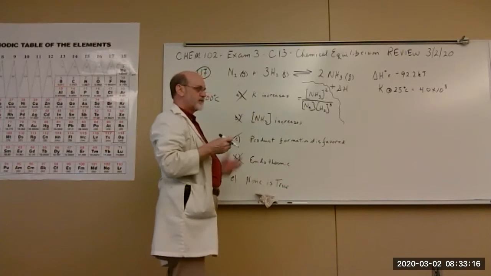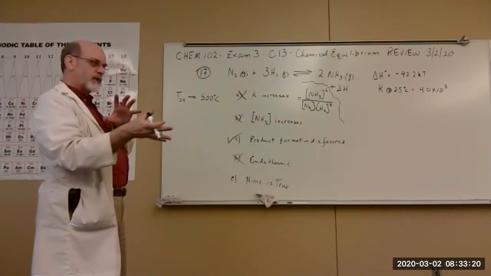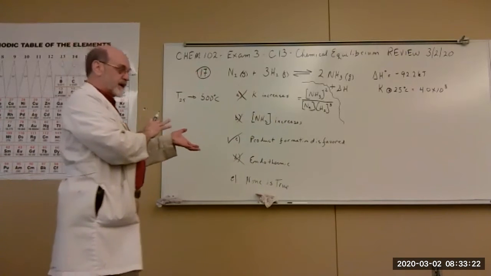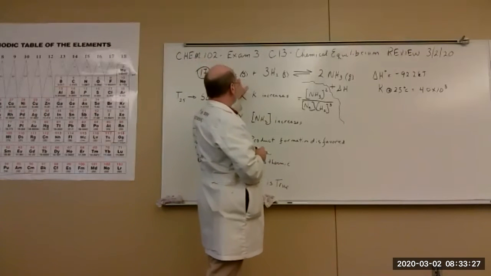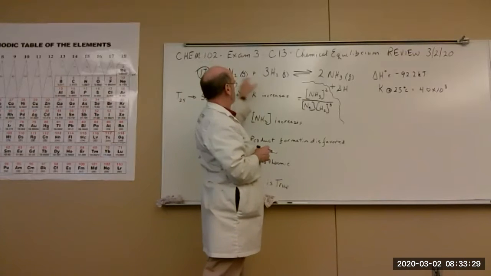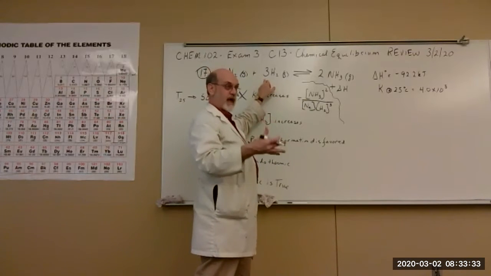And he knew he was juxtaposing equilibrium with kinetics. He knew that if he increased the temperature, he would get more impacts among the nitrogen and hydrogen molecules, right? So there's more potential for reaction.